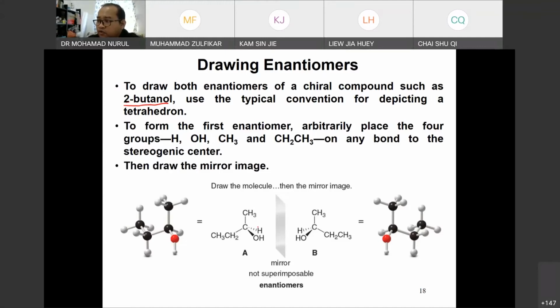First you have to draw your molecule here. We call it A, and put a mirror. Draw the reflection of this compound. This is maintained. You can see H here.